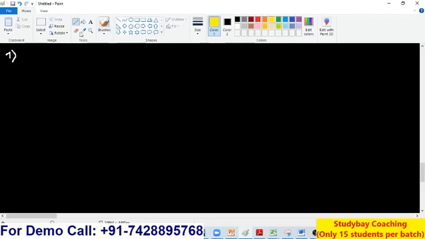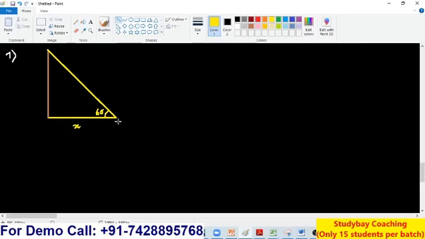Again, let's say this is the ground, and this is a flagstaff. And now let's say this angle is 60 degrees. At this point of time, the length of the shadow is x.